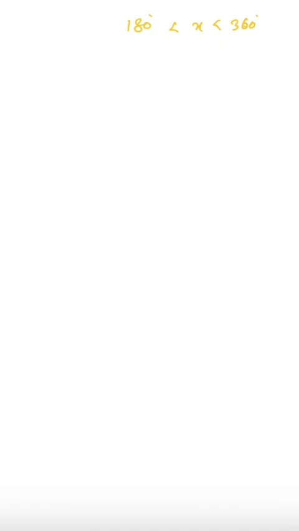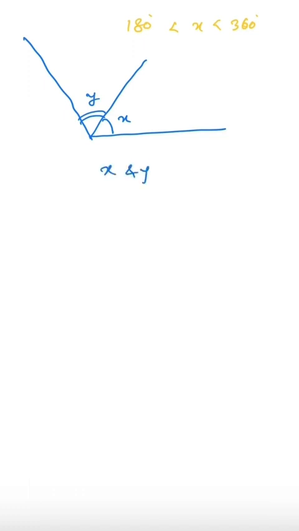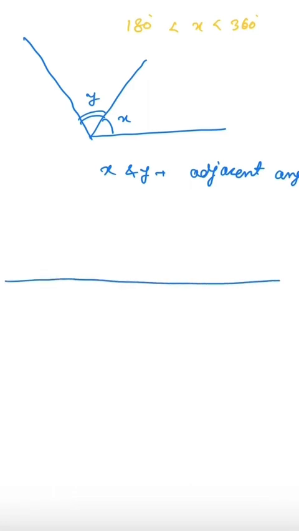Whenever we have a case something like this, let's say this angle is x and this angle is y. Here x and y are adjacent angles. We can write in this manner.